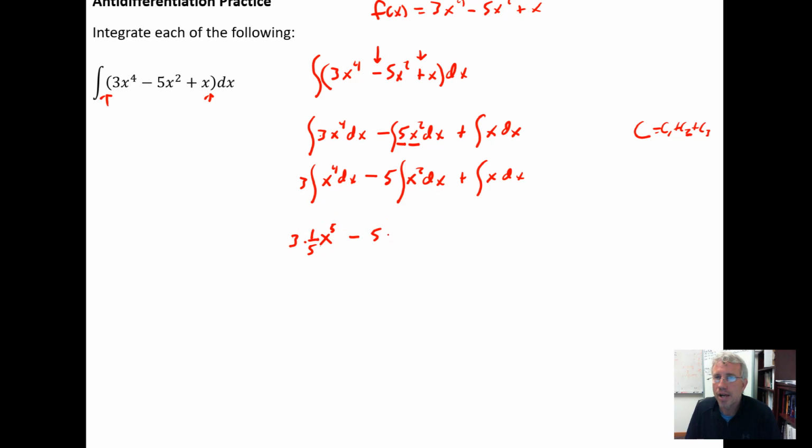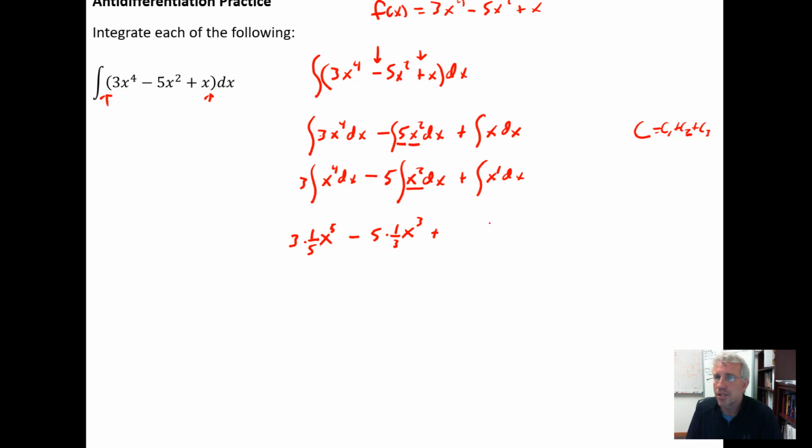Minus 5 times the antiderivative of x squared. Guess that the exponent's 1 larger. So the derivative of x cubed would be 3x squared, which would give us the x squared, but that would put a 3 in front, so we're going to multiply by 1/3 to kill the 3, plus integrate x.